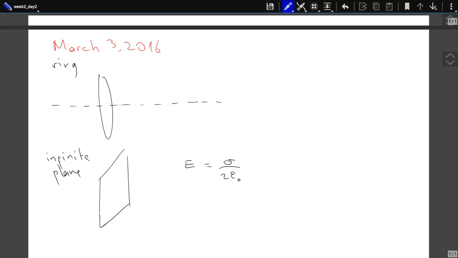Just the Coulomb law, 1 over 4 pi epsilon 0, 2Q over, what is the distance? d plus x squared, this is in the x direction, plus 1 over 4 pi epsilon 0.